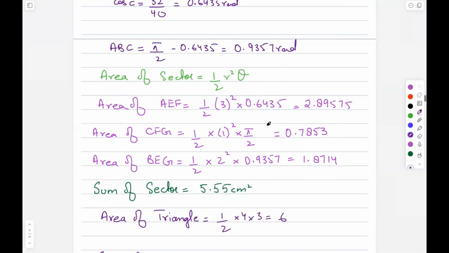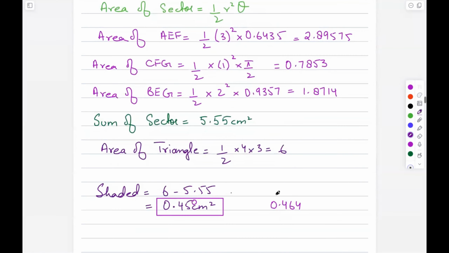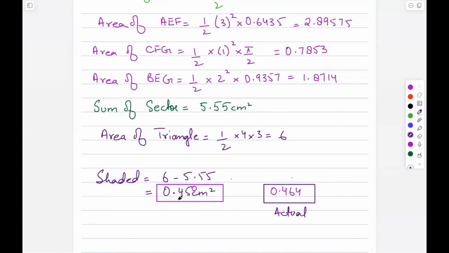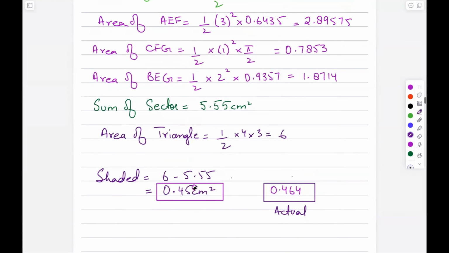So it is better to not round off the answers, and we should only round off the final answer and then give our answer to 3 significant figures. So this is the actual answer for the area of the shaded region. And if we give this answer as over here, this will result in a loss of mark. So 1 mark will be deducted for the accuracy mark. So we'll have to make sure we do not round off the answers until the final part.